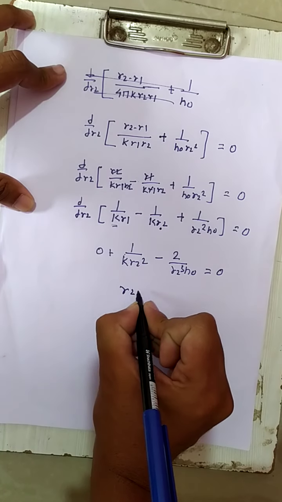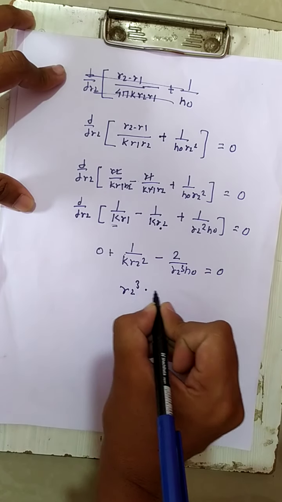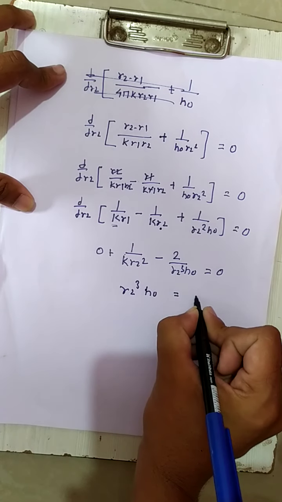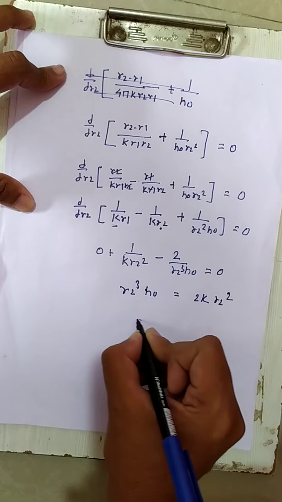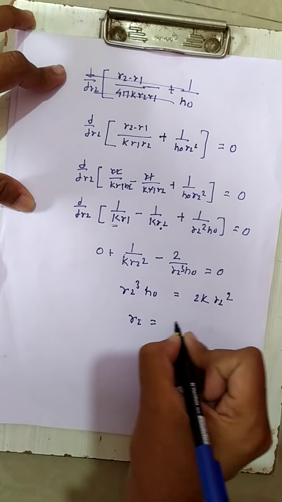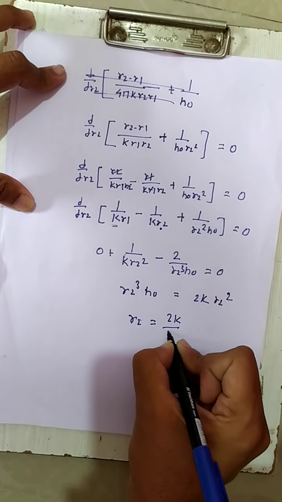So r2 cube into ho is equal to 2k r2 square. So r2 is equal to 2k upon ho.